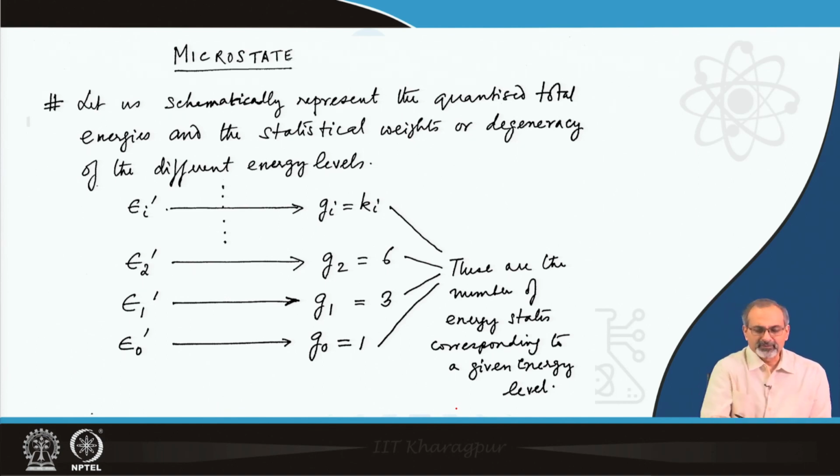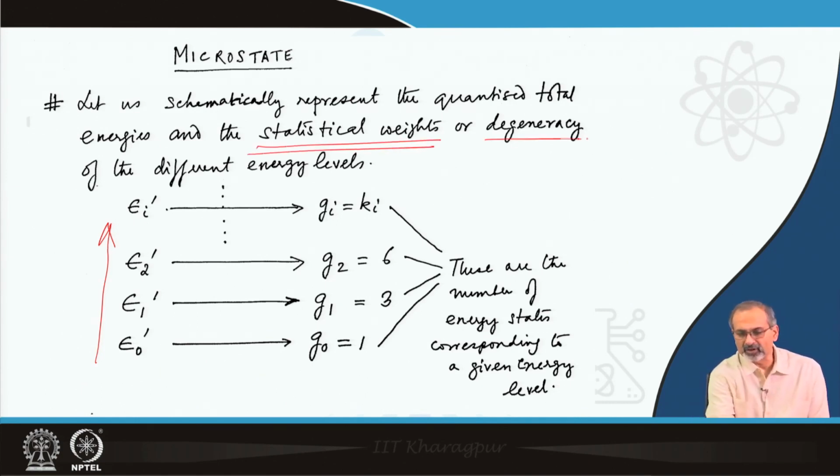So, here we have reached a point where we can see the different energy levels, and we are saying that the quantized total energies could have different statistical weights or degeneracy corresponding to the different energy levels. You remember why the degeneracy occurs. We discussed the omega vector taking different quantized directions, and therefore you can understand that this is one way of explaining the statistical weight or degeneracy.